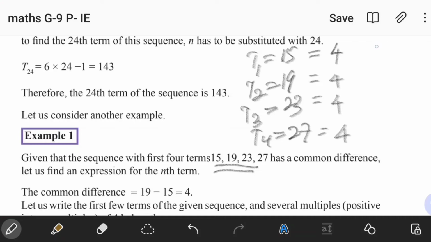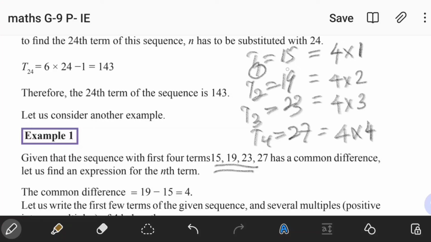So the common difference is 4, and then let's see, if we just multiply by 4 it's 16. So we should use the term number here somehow. If we multiply 4 by 1 it's 4, multiply by 2 it's 8, multiply by 3 it's 12, multiply by 4 it's 16.